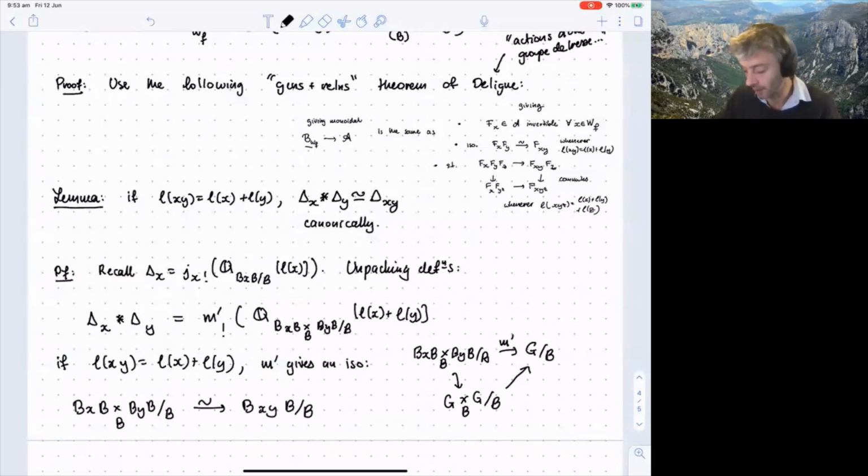Okay, this is an example of this phenomenon: describing the open Bruhat cell as a product of unipotent groups for simple reflections. That's what's going on here. So this thing is just the same thing as the constant sheaf.